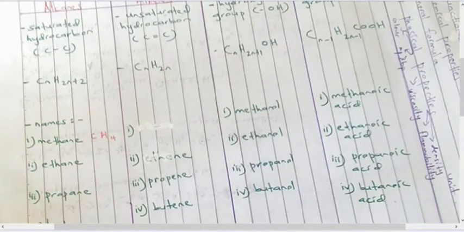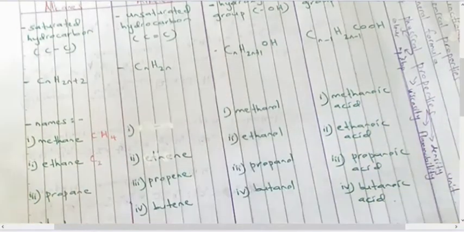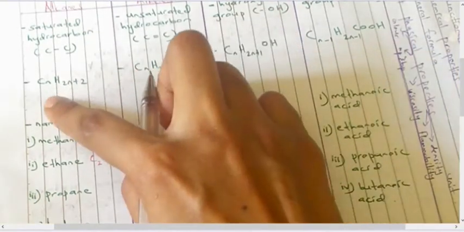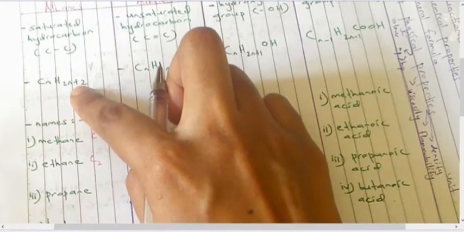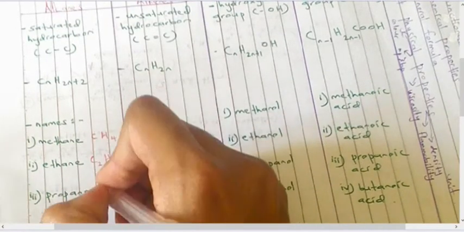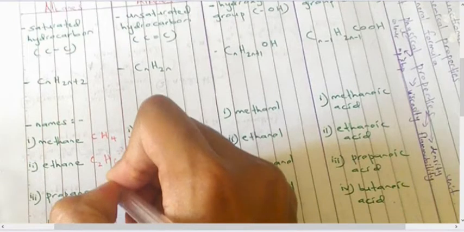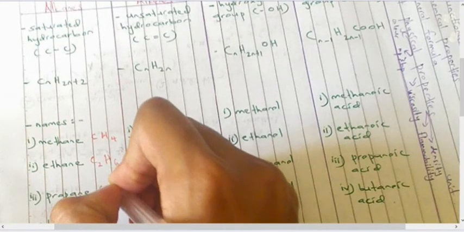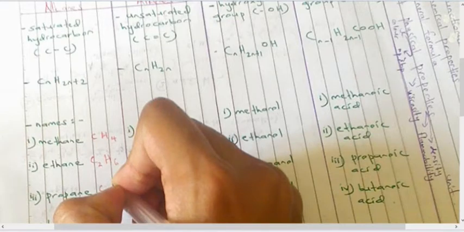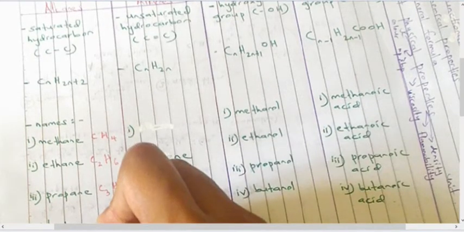For ethane, we have two carbons, so 2 times 2 is 4, plus 2 is 6: C2H6. Propane will be C3H, 2 times 3 plus 2, 8: C3H8. Butane will be C4H10. They all have the same general formula, so they fit this formula, and they all have carbon-carbon single bonds.